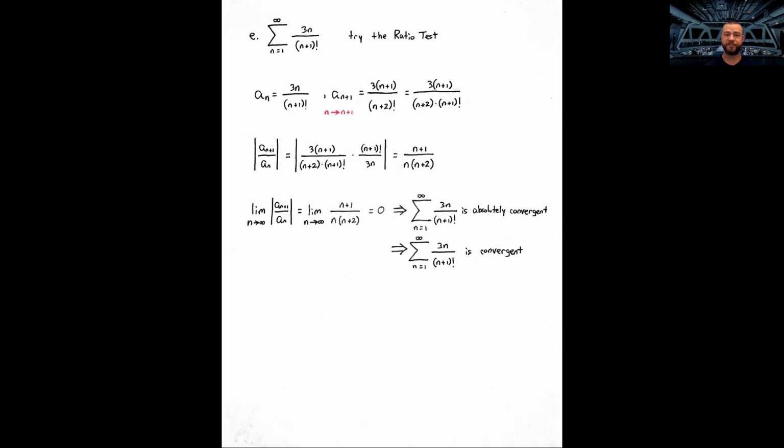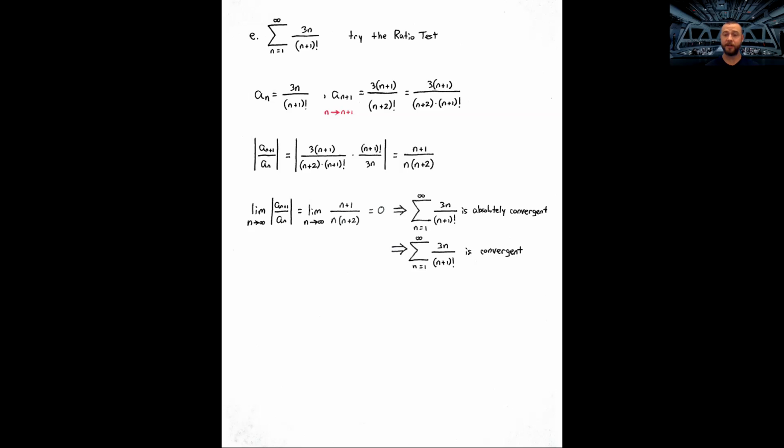All right, same tricks as before. When we take a look at the ratio of a sub n plus 1 divided by a sub n, we can multiply by the reciprocal, and we find here that our ratio just simplifies to (n plus 1) divided by n times (n plus 2).